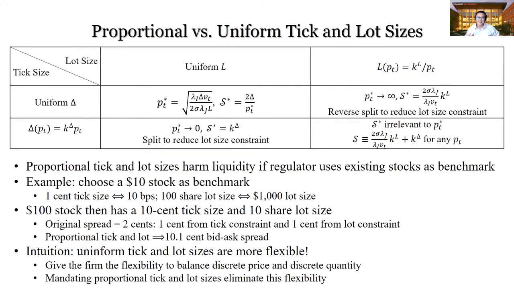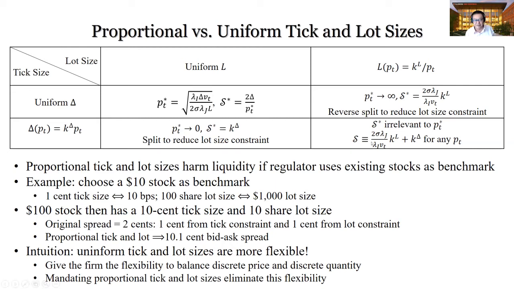So finally, let's go to proportional versus uniform tick and lot sizes. These are the solutions we have already covered, which is uniform tick size, uniform lot size. If you make one of them proportional and the other uniform, then the solution is simple. For example, if you have uniform lot size, then firms should split to reduce the lot size constraint.